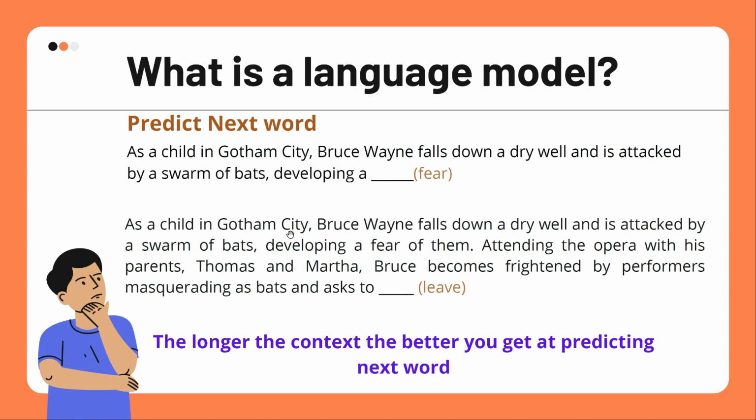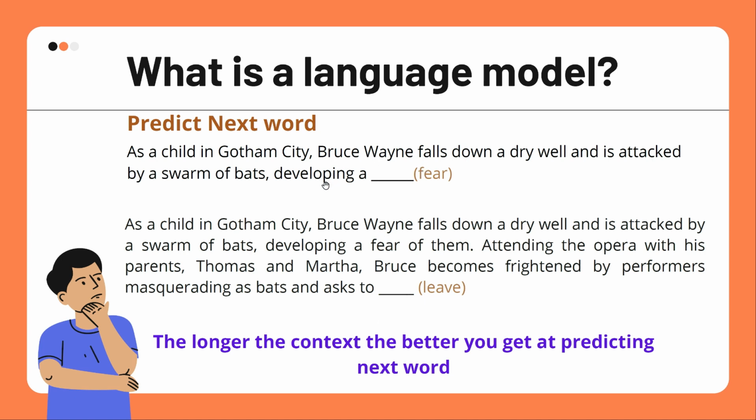And let's take another paragraph, as a child in Gotham City, and you have more words and asks to dash. The correct fill word here is leave. The thing here is that the longer the context that you have, the better you get at predicting the next word.